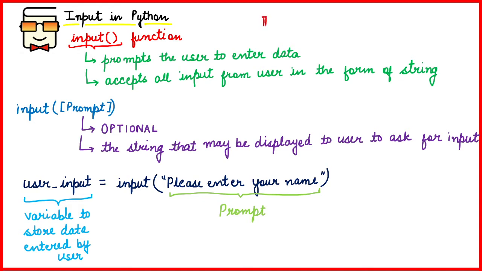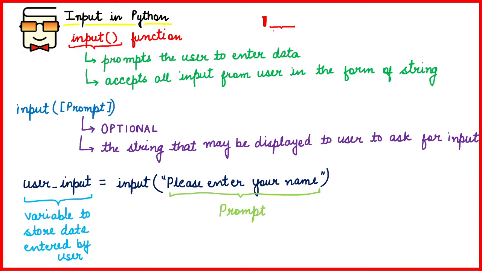Whenever you write an input function in your program, at that point when you execute the program, a cursor will blink on the screen, and it means that the input function is waiting for the user to provide some input. Unless and until the user enters some input and presses the enter key on the keyboard, this cursor will continue to be displayed on the screen.